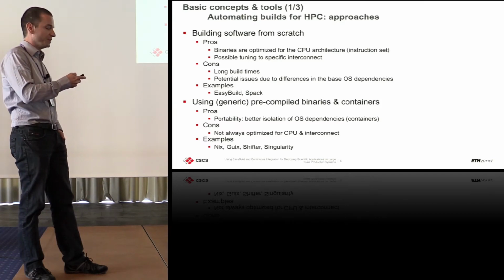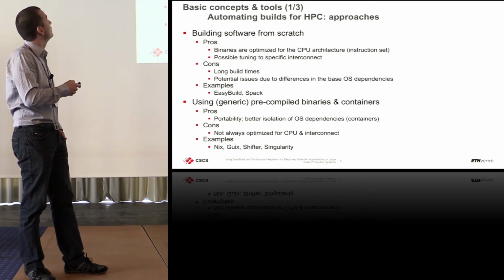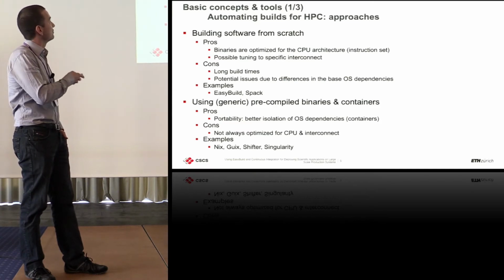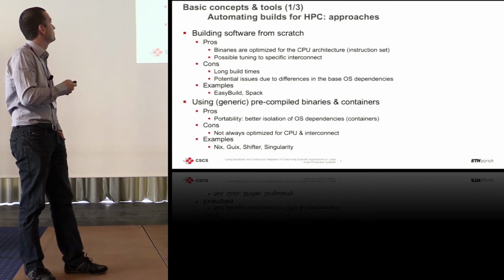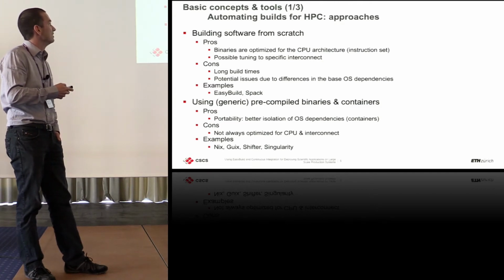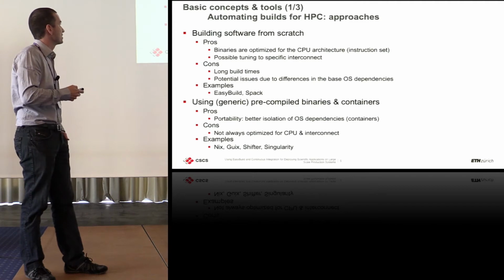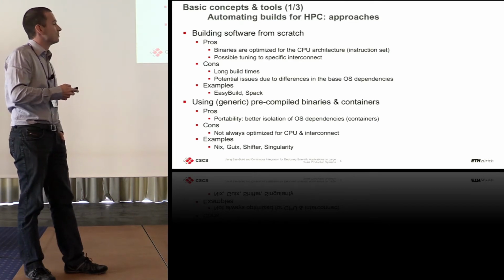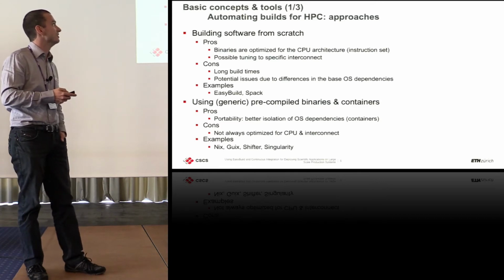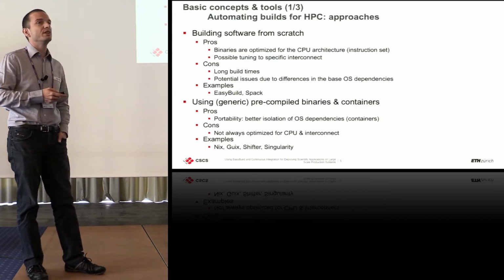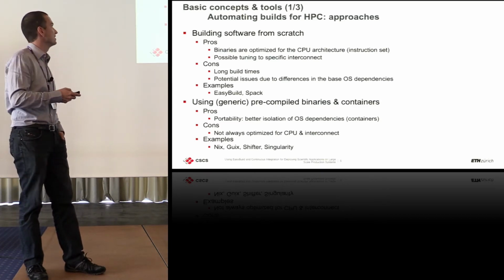The best examples of software that can help you with that are EasyBuild and Spack today for HPC, and we have also some projects that are working on providing pre-compiled binaries and using containers to isolate the OS dependencies.